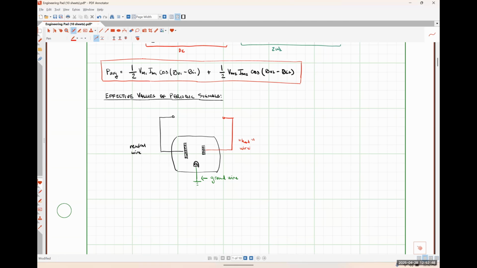The reason for that you'll learn in your electronics classes, but effectively the AC that comes in through this plug goes into this brick right here, which has what's called a rectifier. It has a full wave rectifier inside of it, which is converting both the positive portion and the negative portion of the AC signal into a DC voltage, which is then supplied to the actual computer and all of that kind of stuff.